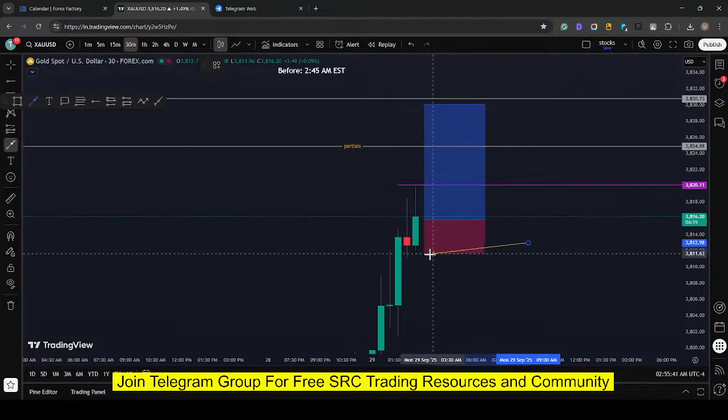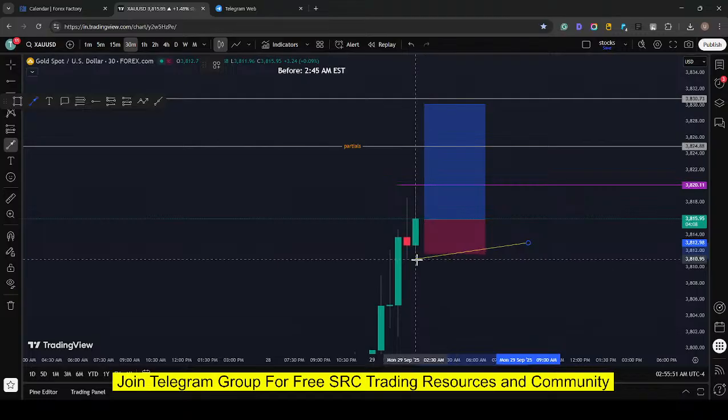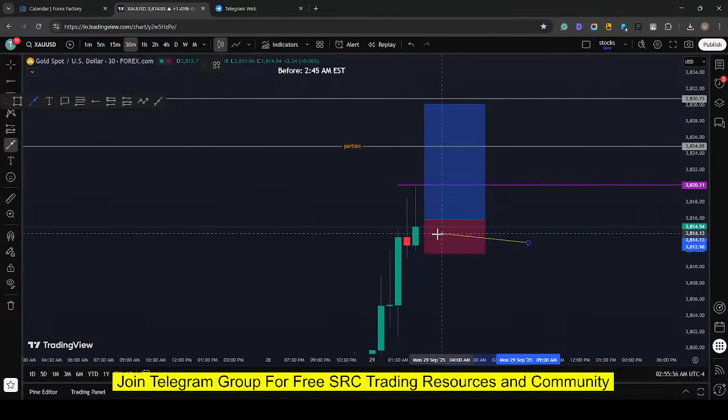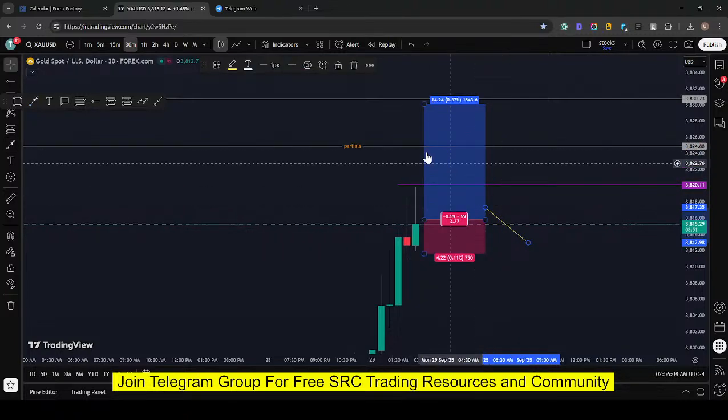All the sellers will be in panic, because they thought it would go back down, but it didn't. It started pushing back up. And as soon as it flips and goes above this, we'll take buys, aim for the big fill. Second target will be this.